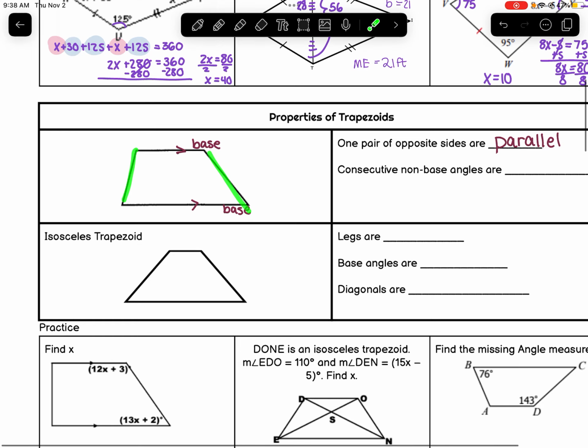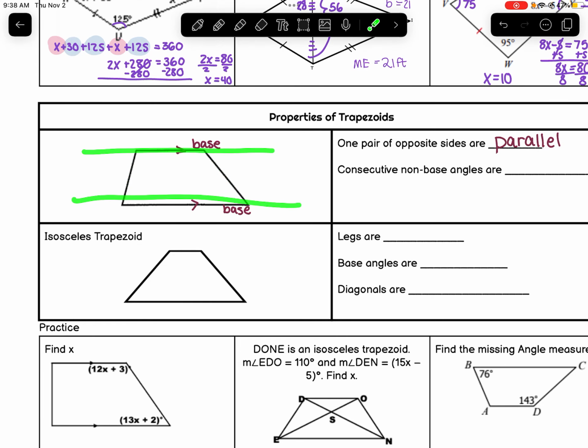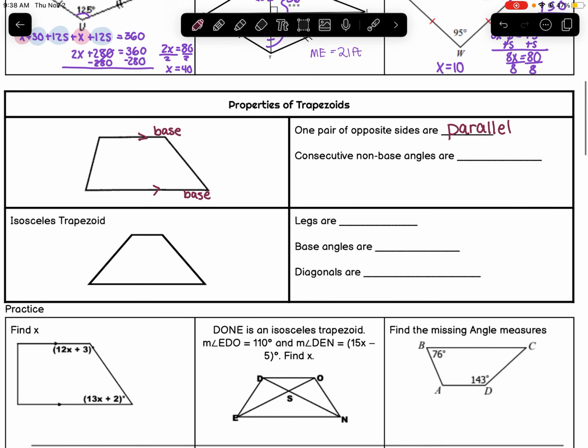Because we have parallel lines cut by a transversal, these same side interior angles are supplementary. Instead of calling them same side interior angles, we call them consecutive non-base angles, because they're not on the same base. Those angles are supplementary, meaning they add up to equal 180.